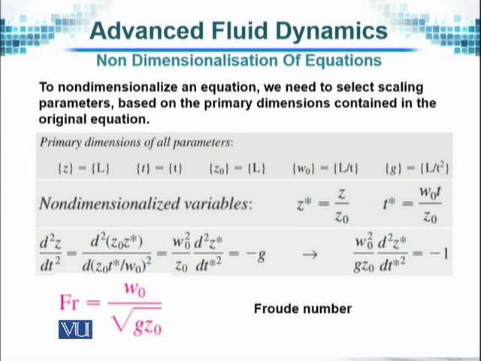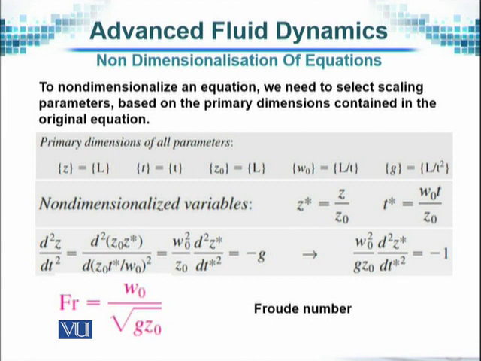The primary dimensions of all parameters are, and we have mentioned this before, when it is length, whether it is denoted by Z or X, or diameter D of a sphere, or radius R of a circle, it is length, and length is denoted by L. T, small t, is denoted for time.